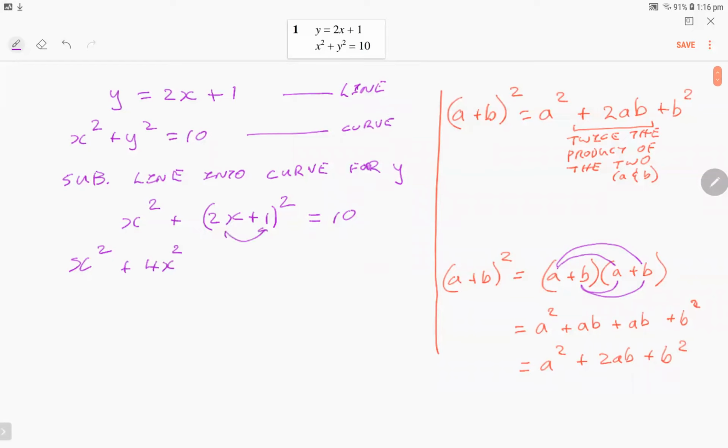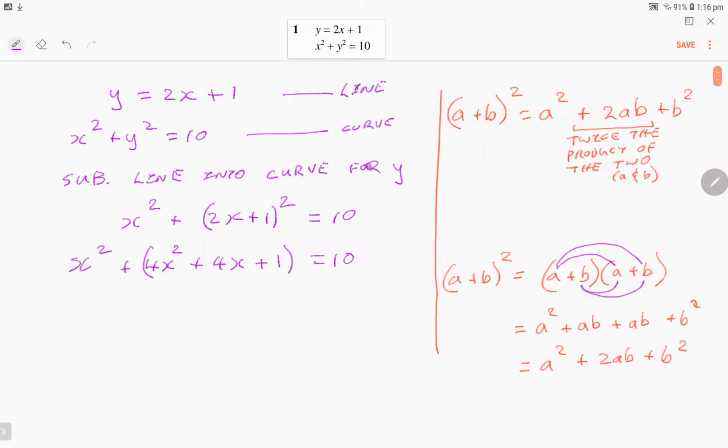Multiply them first and then double it. When I multiply them, I get 2x, and then I double it to 4x. And so my middle term is 4x. And then the 1 squared is 1. So it's plus 1. That's what I get when I multiply that perfect square, equals 10.